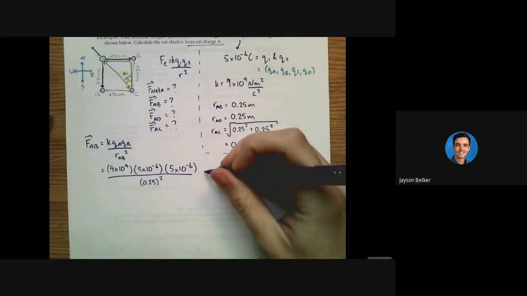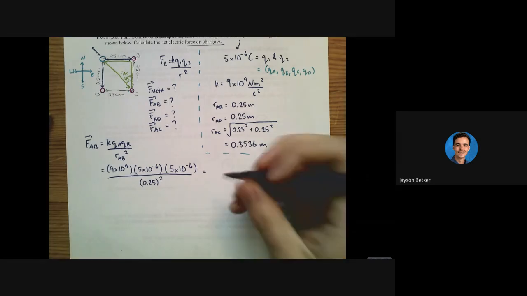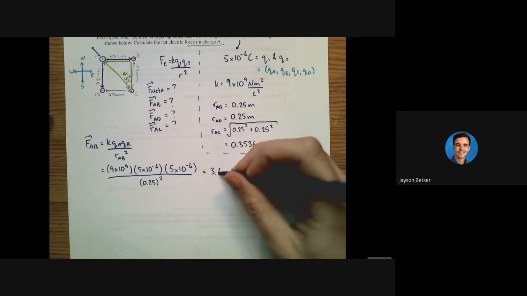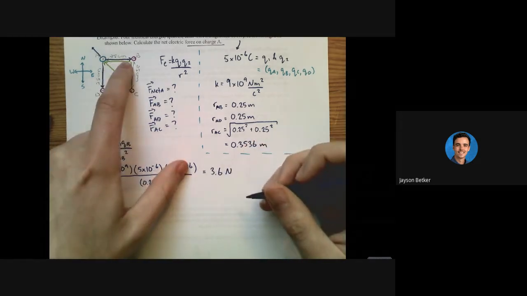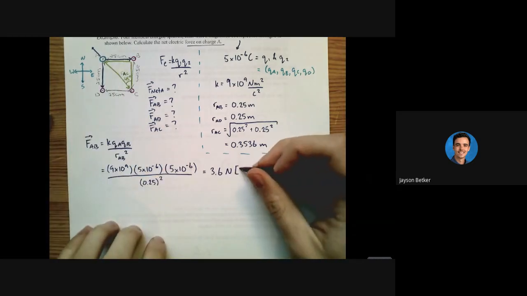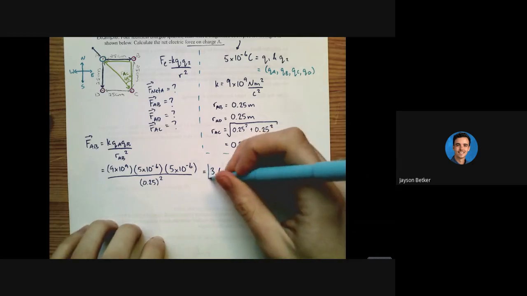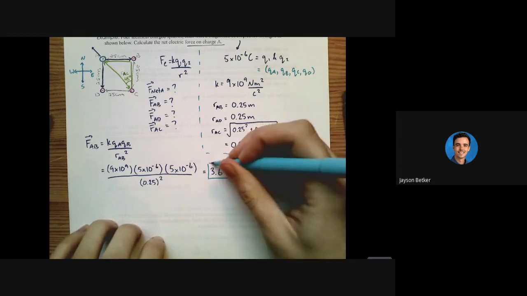And if I do that, I should get that the force of B on A is 3.6 newtons, and we already decided it's pulling it to the east. So 3.6 newtons east. So there is one very important value.